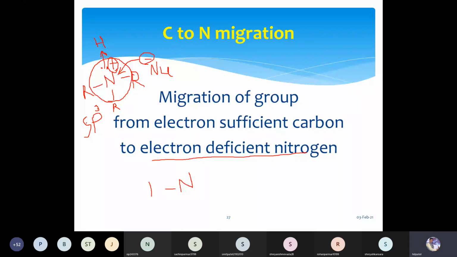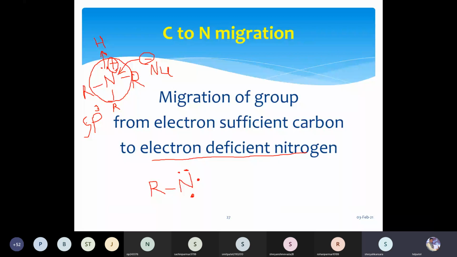When nitrogen has one bond, the two electrons on nitrogen are called the lone pair of nitrogen. One electron is used in the formation of the reactive intermediate, and another electron is also used in the formation of the reactive intermediate. Now, based on the structure, I think you have an idea which reactive intermediate I am talking about. Can you answer?